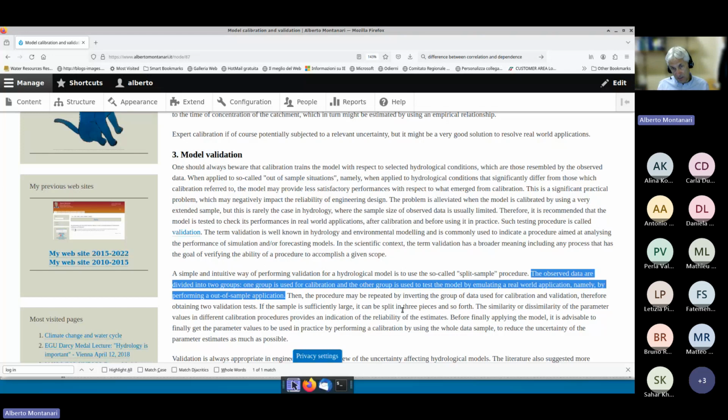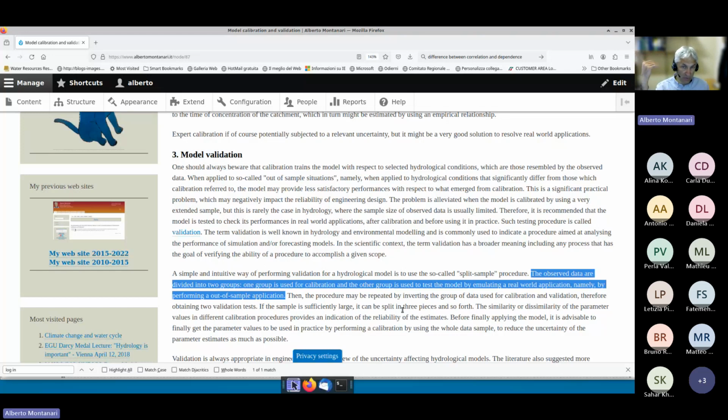Of course, there is a clear limitation here. Usually we work with few data only. And therefore, it is a pity that we split the data into groups, and it's a pity that we use only a subset of data to perform a model calibration.